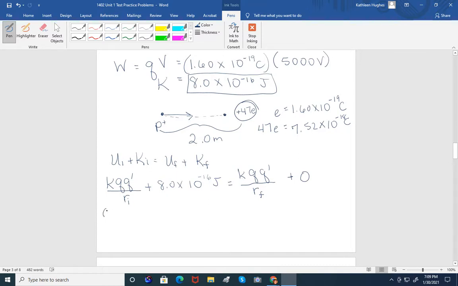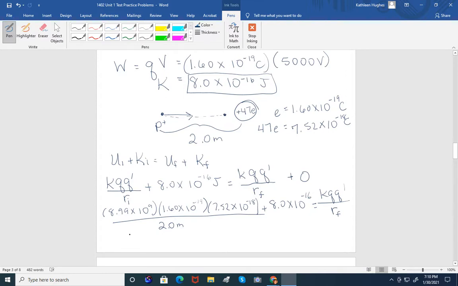So we've got 8.99 times 10 to the 9th, 1.60 times 10 to the negative 19, 7.52 times 10 to the negative 18, and the distance there was 2 meters, plus this 8.0 times 10 to the negative 16. And we know when we get finished, that's going to be this final potential, k q q prime over R final.